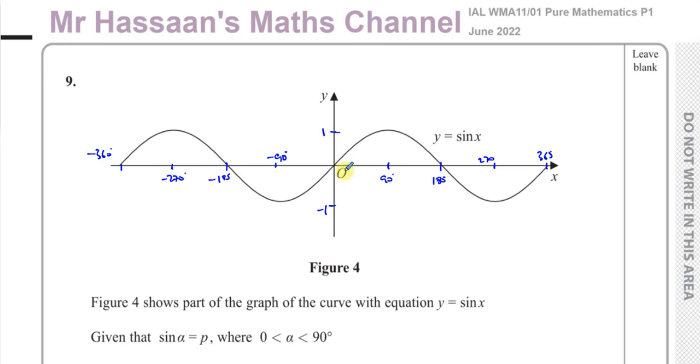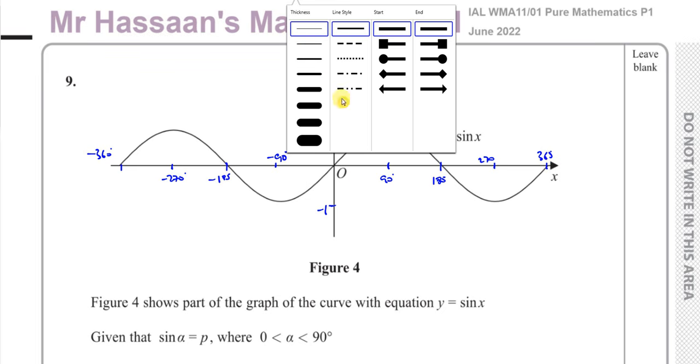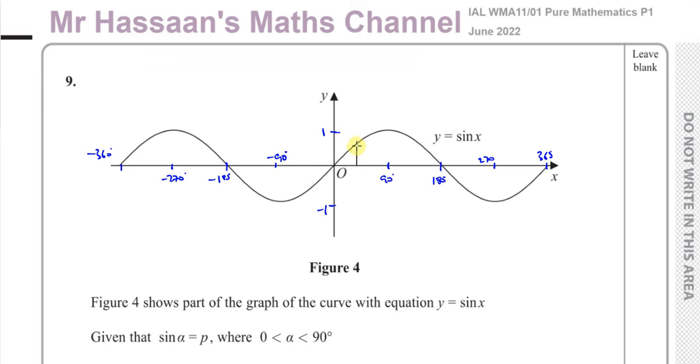Now it says, given that sine alpha equals p, where alpha is between 0 and 90, they're telling us that alpha is an acute angle somewhere between 0 and 90. So I'm just going to draw a random line to show where alpha is. Let's say alpha's over here, I'm just putting it any old place. Just say that's alpha.